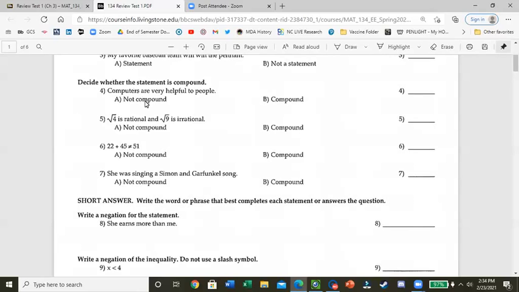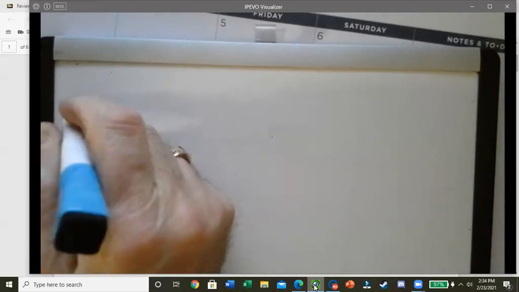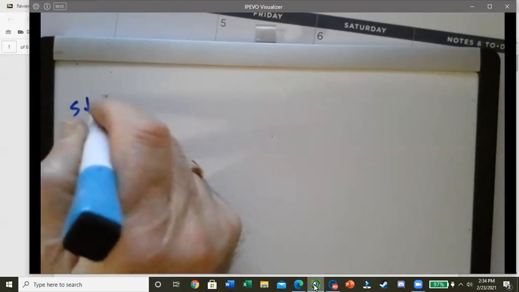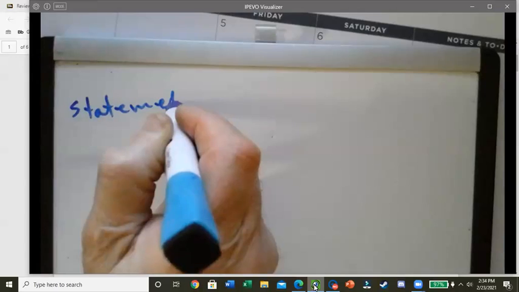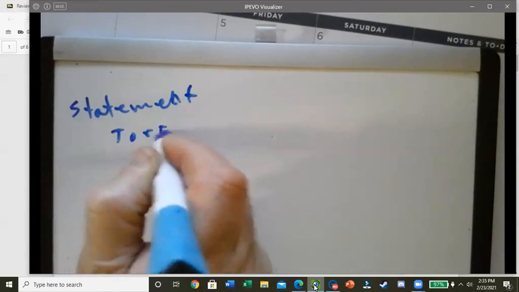So compound is where you have a statement and then a connective. So compound statement: true or false.